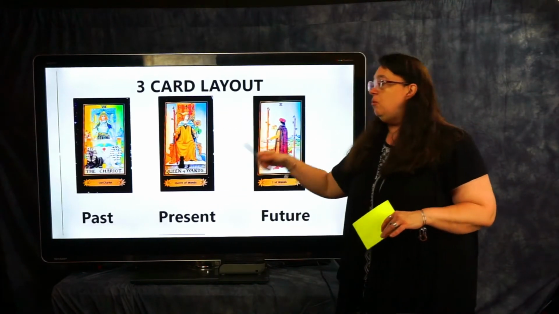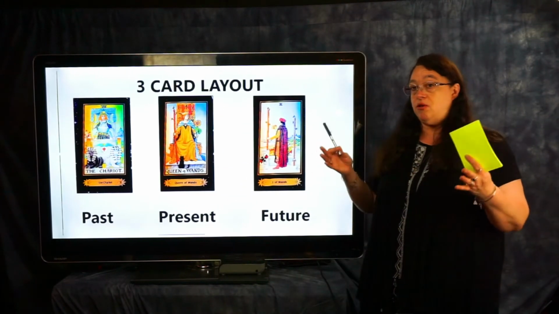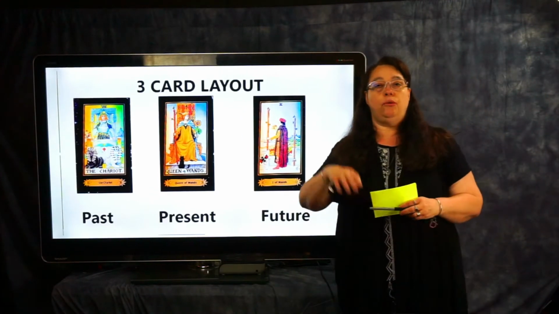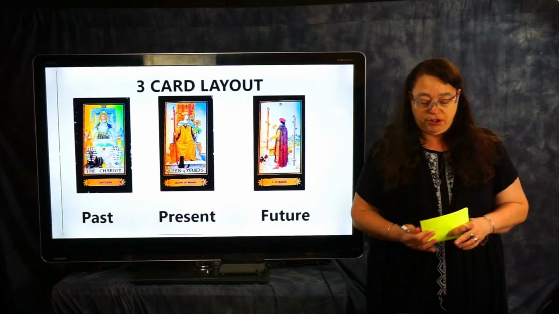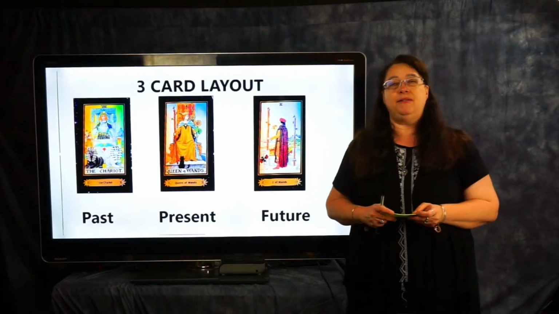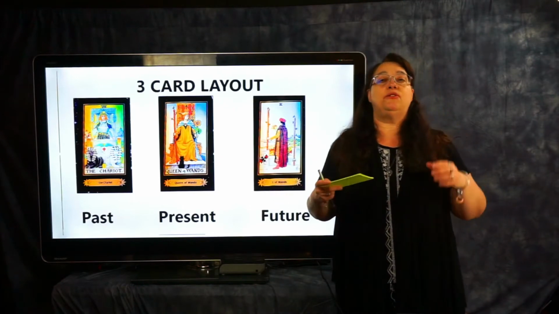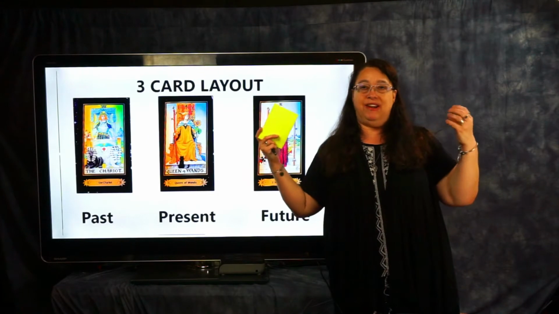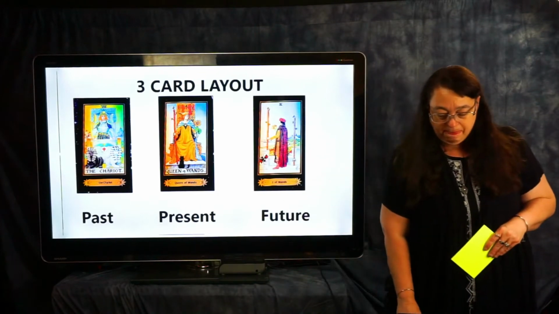The one in the middle would constitute the present, or what is going on right now, and then the one over here would contemplate the future or what the outcome might be based on the question. That's the most basic one out there. It probably would be used mostly for very basic questions, something that doesn't require a more in-depth kind of answer.